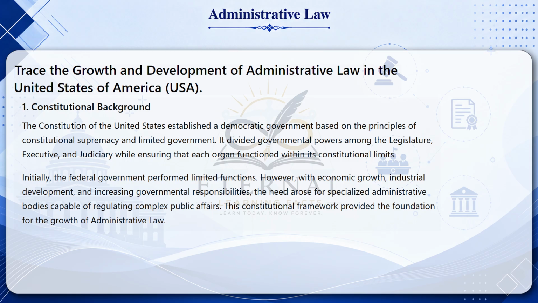Initially, the federal government performed limited functions. However, with economic growth, industrial development, and increasing governmental responsibilities, the need arose for specialized administrative bodies capable of regulating complex public affairs. This constitutional framework provided the foundation for the growth of administrative law.